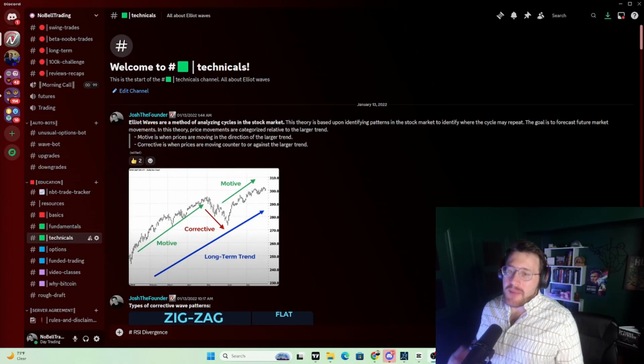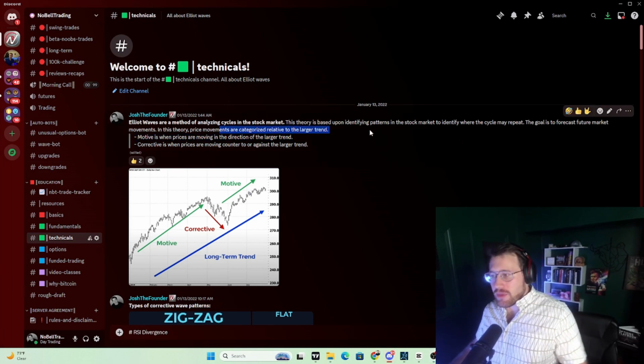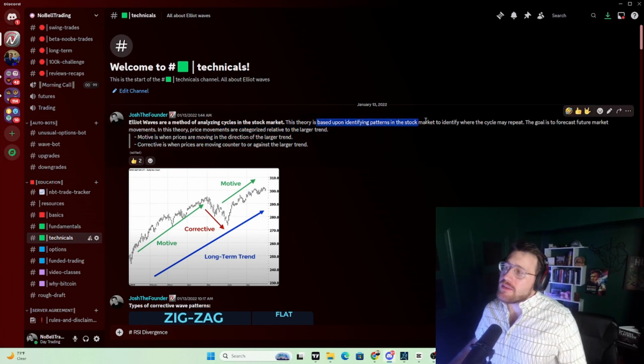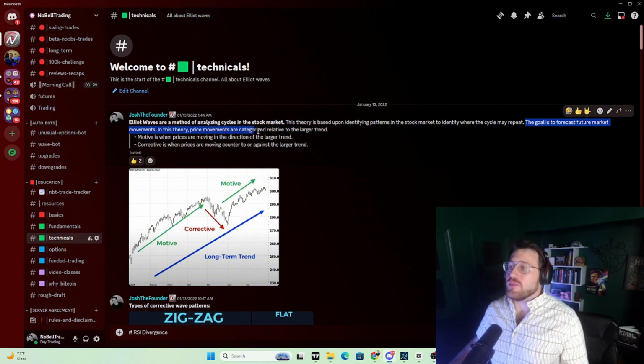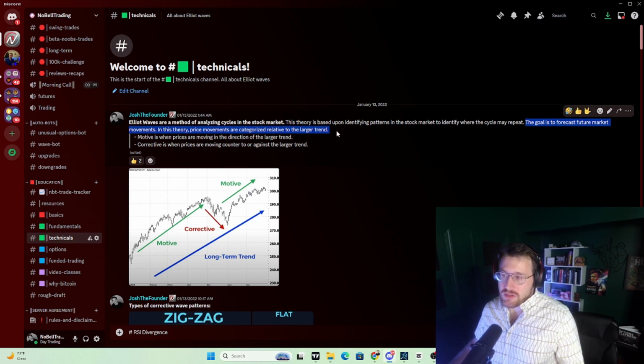Elliott waves are a method of analyzing cycles in a market. The theory is based on identifying patterns in the stock market to identify when the cycle may repeat. The goal is to forecast future market movements, and in this theory, price movements are categorized relative to the larger trend, okay?